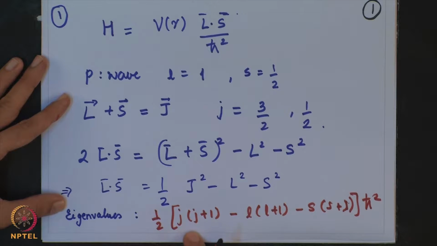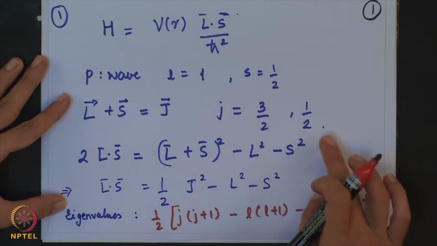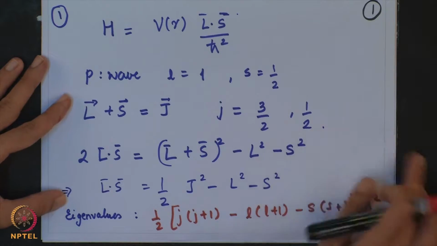So, by putting the value of J, L and S you can calculate the eigenvalues for J is equal to 3 by 2 and J is equal to half. Okay. So, let us write down explicitly.